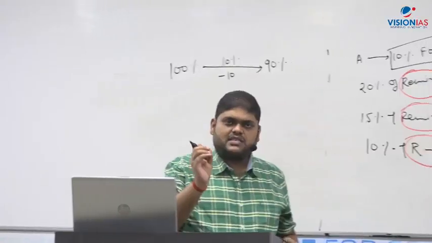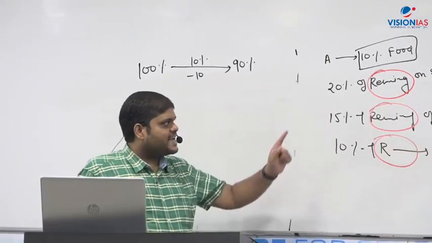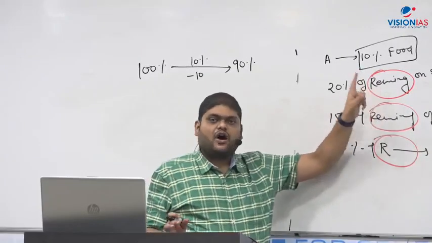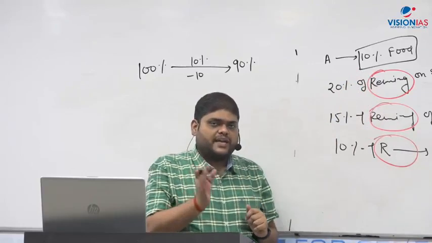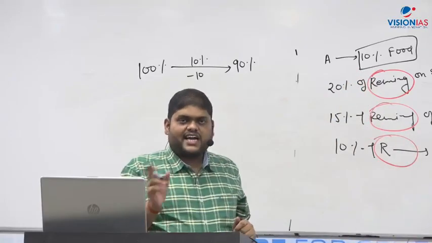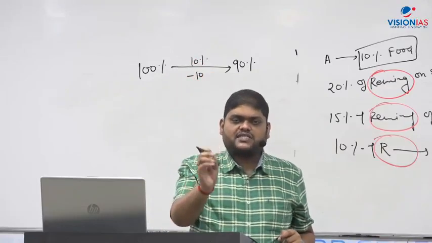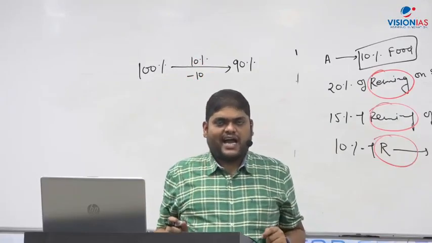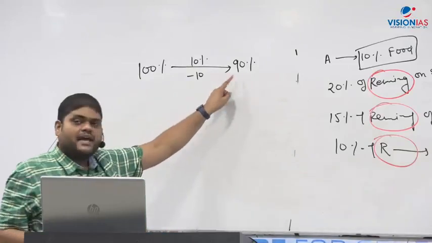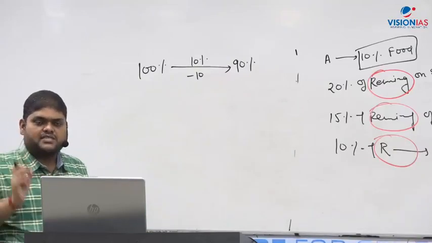Now he is saying 20% of remaining on education. Please mind this thing: they are not saying 20% of total income, but 20% of remaining income. And remaining income is 90%.